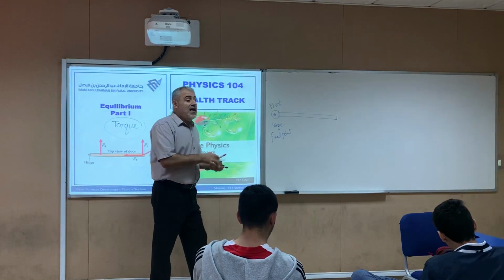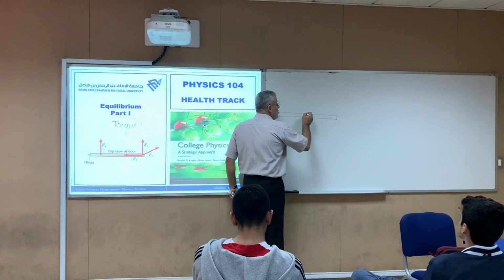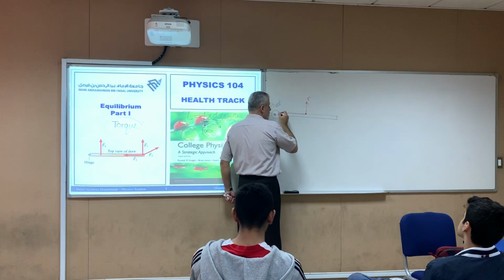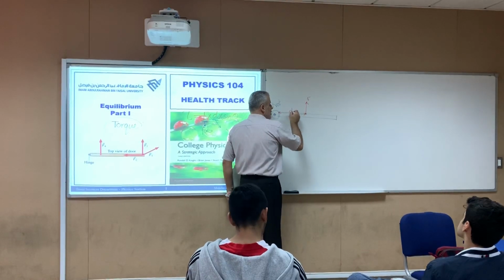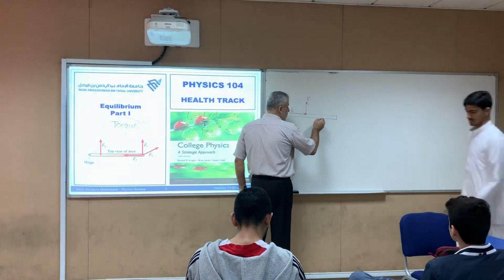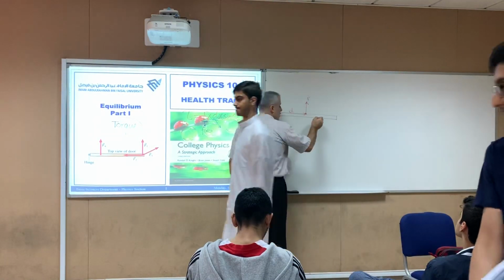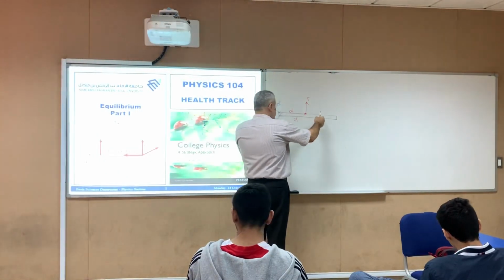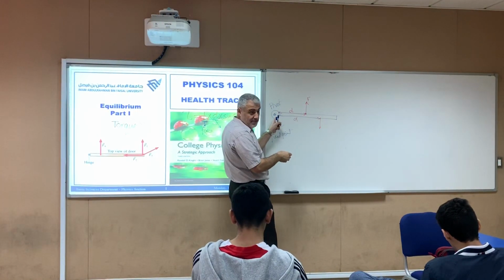Now, if I have a force here acting on this, this is my D, gentlemen. If I have a force here, this is also my D. Not this bar, but this whole bit, from the force to the hinge or to the pivot.